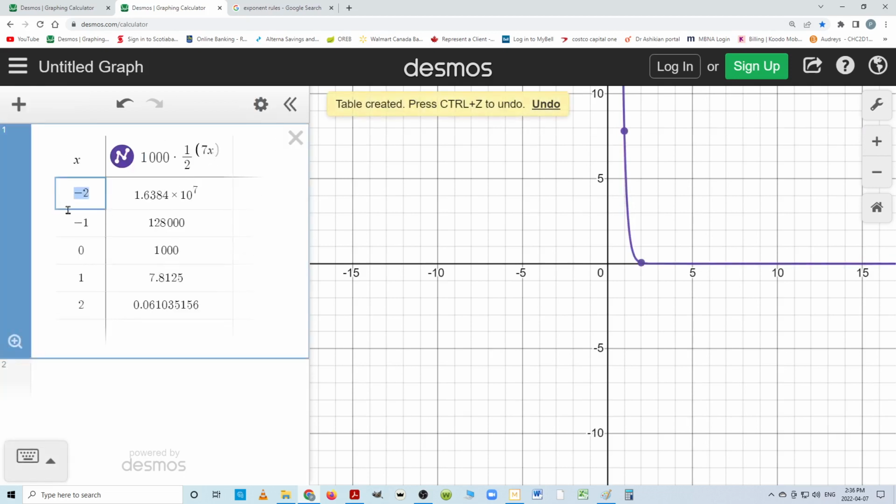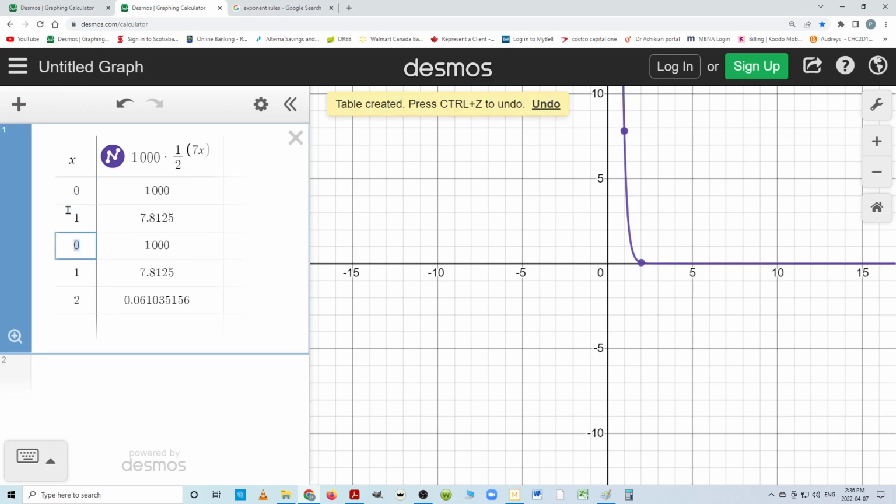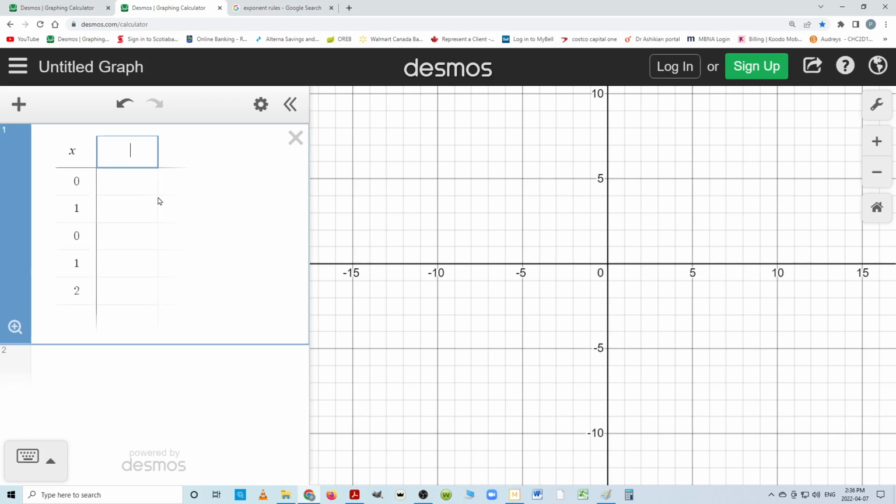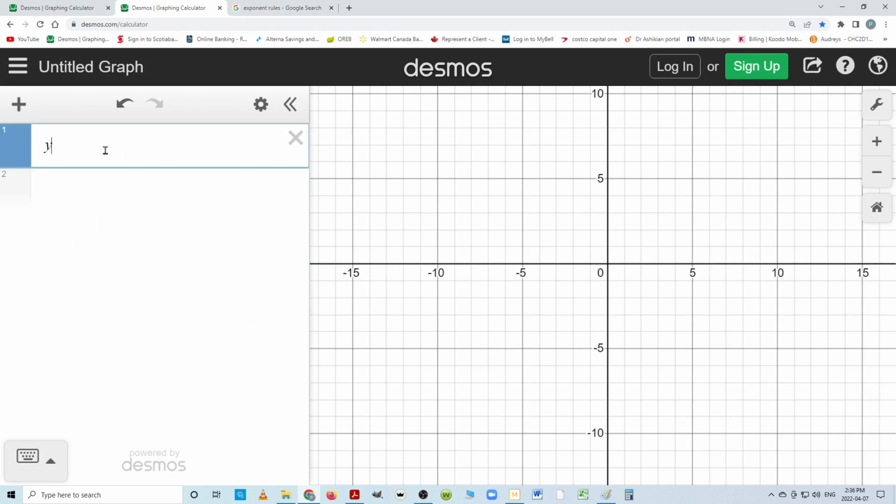So what happens after year 0? We got 1,000 grams. Year 1? No, I did it slightly wrong. So I think it would have to be, is it 1 over 7? Might be 1 over 7. No, I think what's happening here is it's not quite getting my multiplier correct. So I got 1 is equal to 1,000. And it'll help if I put it all in brackets.